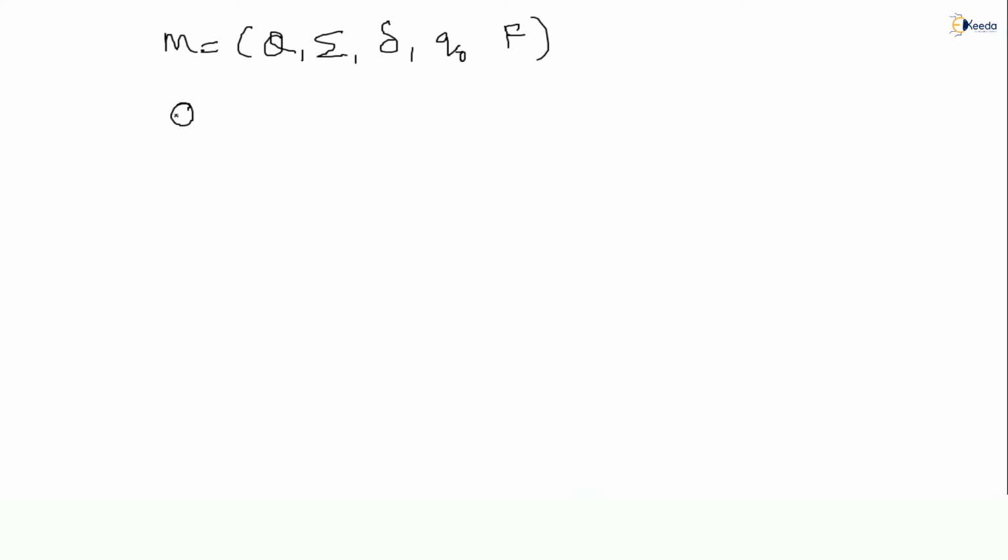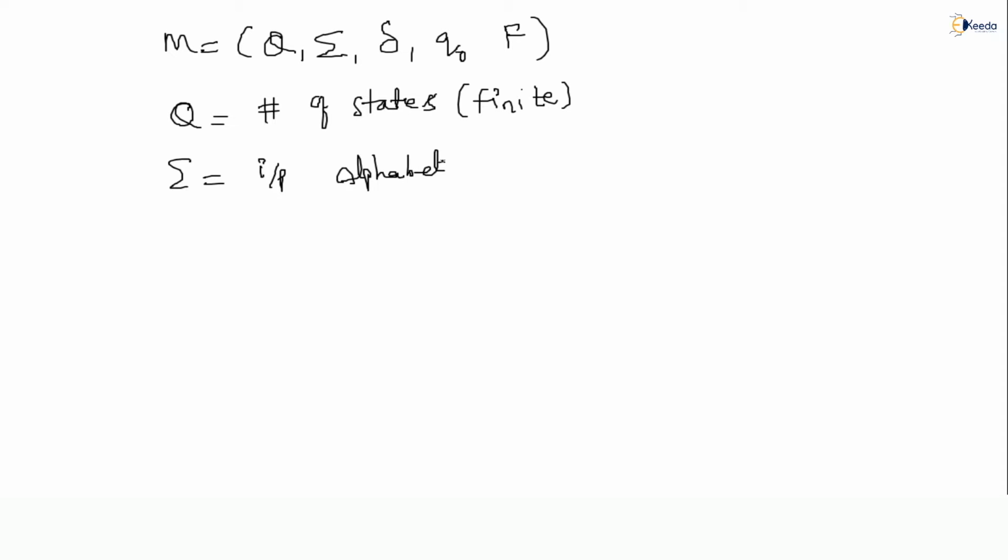What is the Q representation? Write it down: the number of states in the FA, which is definitely finite only. Q should always be a finite set of states, the set of all states. What is sigma? This is the input alphabet. We know the alphabet definition, right, all of you? It is a set of symbols.